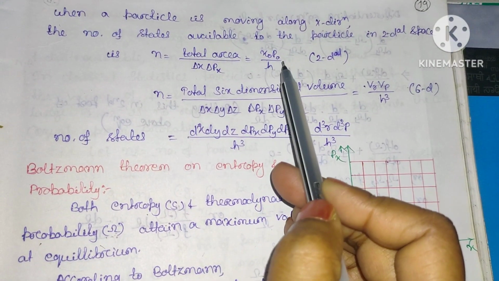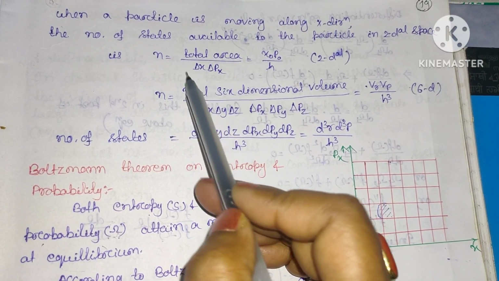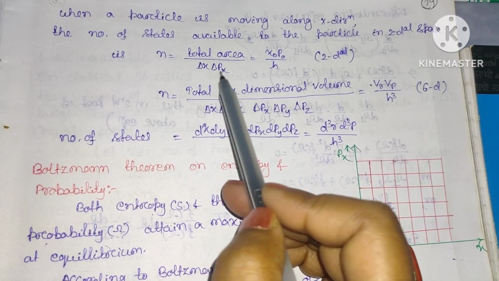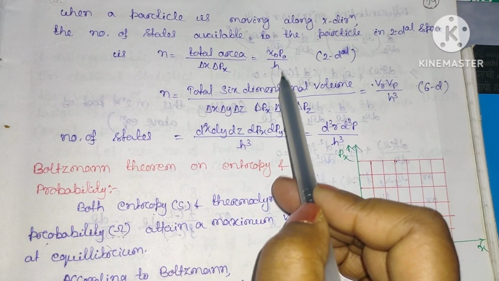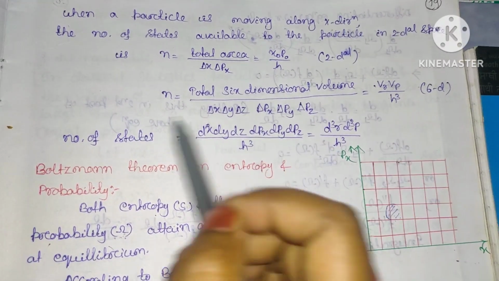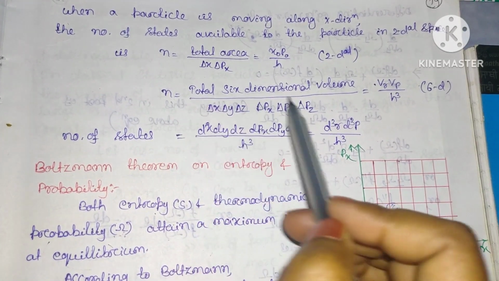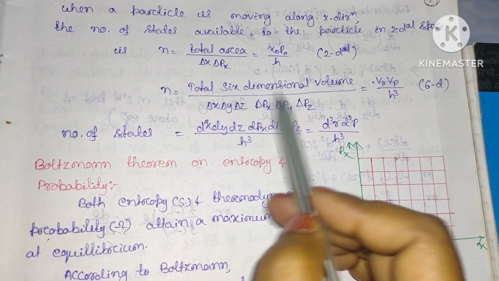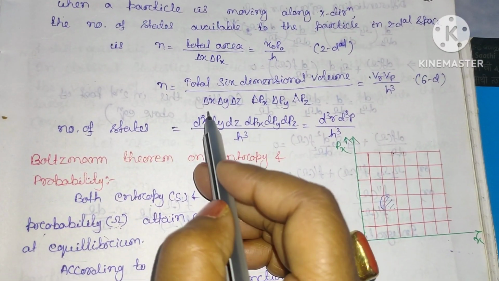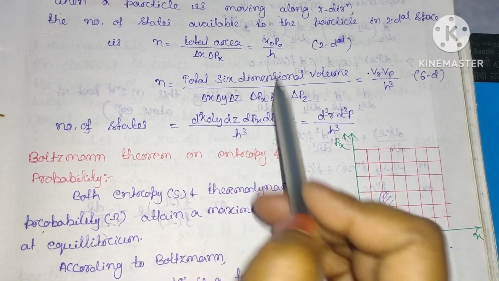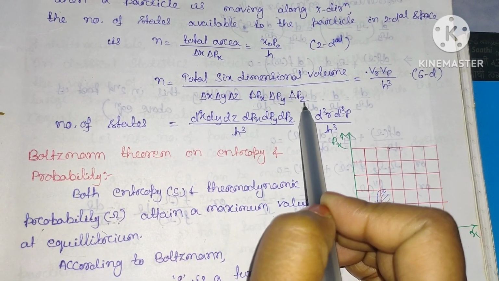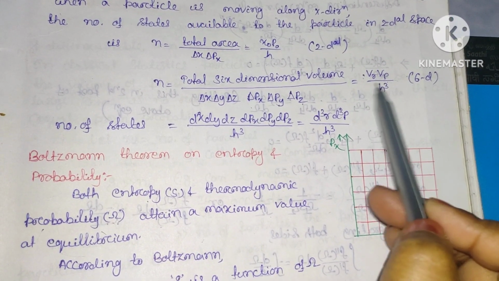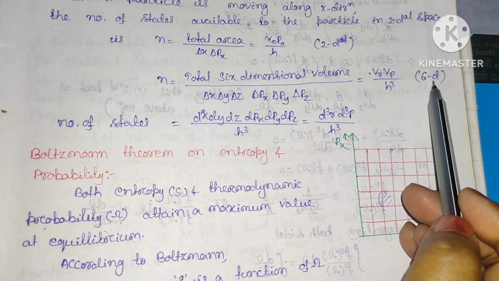So x naught p naught divided by this cell; we know delta x delta px is the Heisenberg uncertainty, that is Planck's constant h. So n will be x naught p naught divided by h. In case of 3D, n will be the total 6-dimensional phase space volume divided by delta x delta y delta z and delta px delta py delta pz, that is equal to V_r V_p divided by h cube in case of the 6-dimensional state.